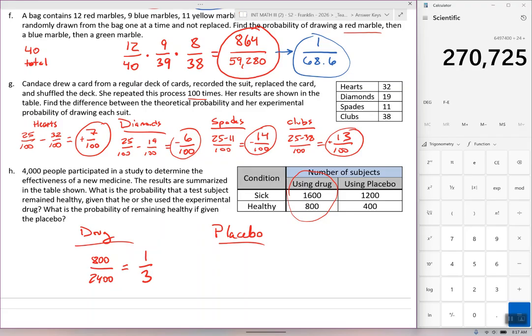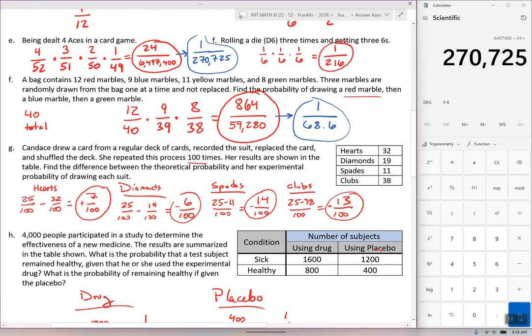So for the placebo, there were 1,600 test subjects, and 400 remained healthy. And this does divide evenly as well. 4 out of 16 is 1 out of 4. So your chances were a little bit better with the actual medicine here, but not that much better.